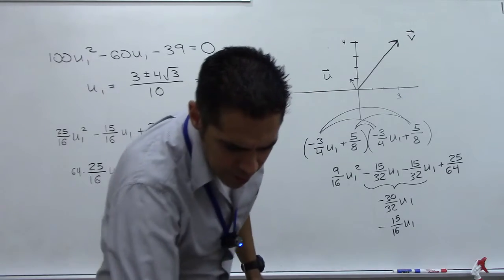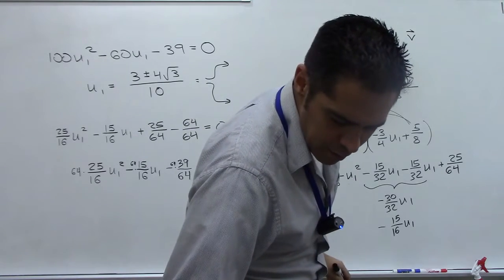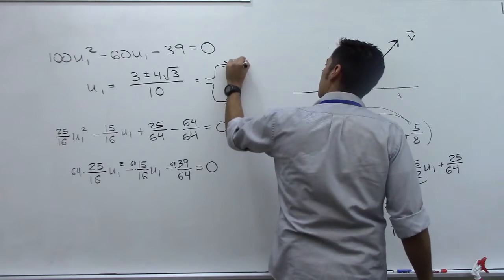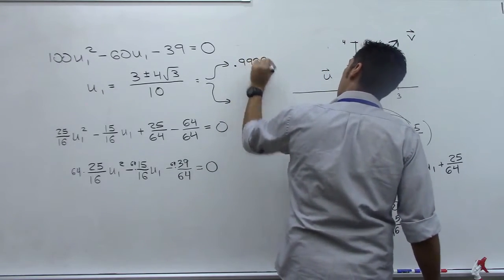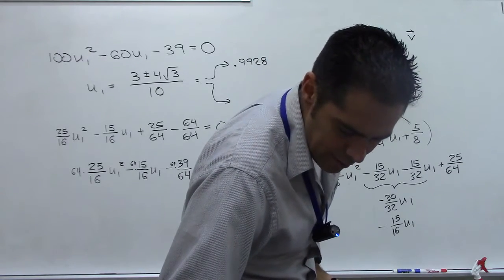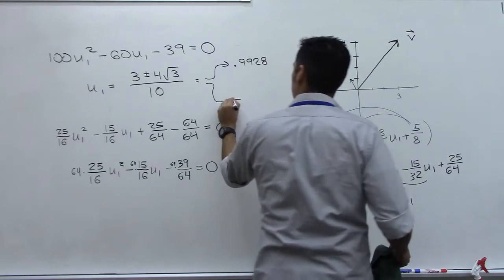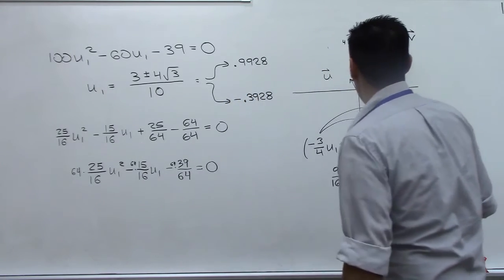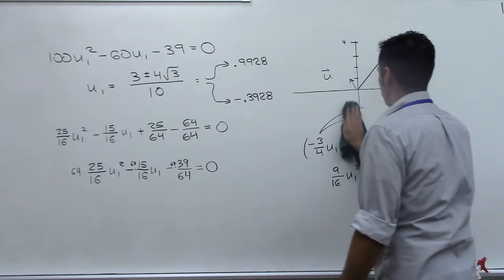One answer, if you convert it to a decimal, is 0.9928. And if you convert the other one to a decimal using subtraction, negative 0.3928. So that's what your U1 should be.